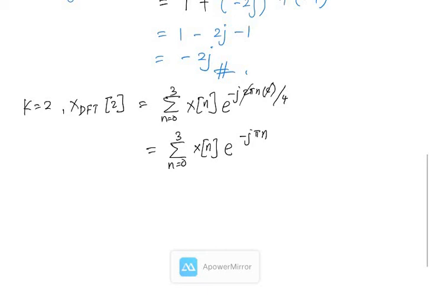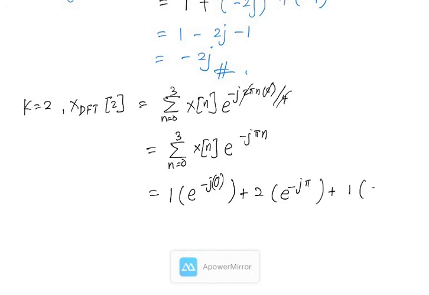So this one cancels with this. So you have x[0] is 1, then you have the exponent minus j0, and then plus 2 with exponent minus j pi, plus 1 with exponent minus j 2 pi.